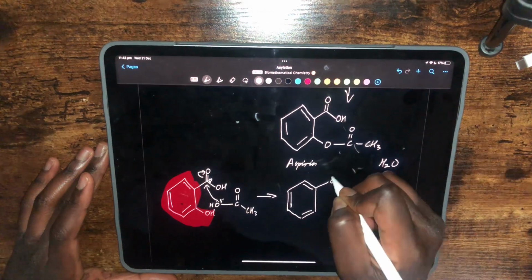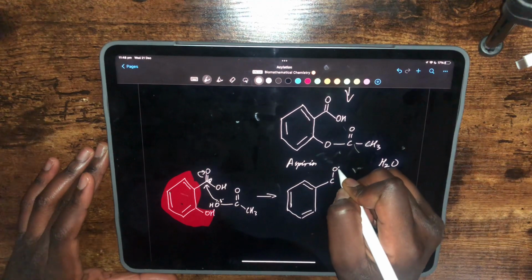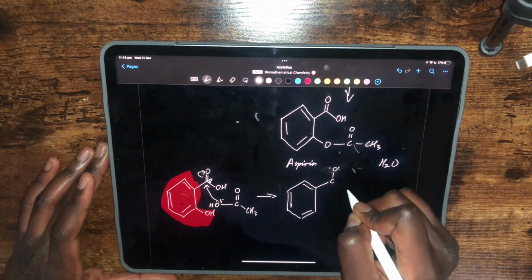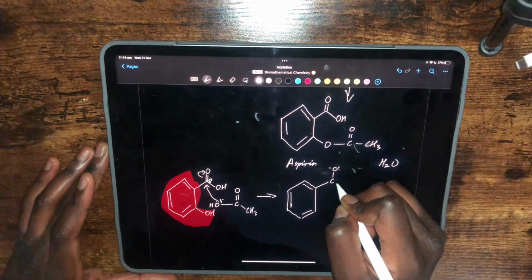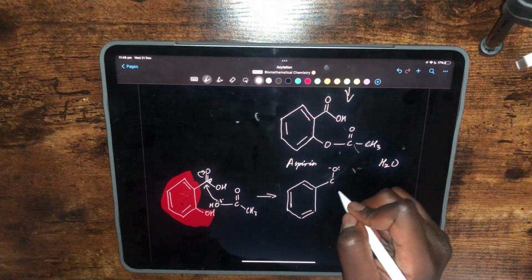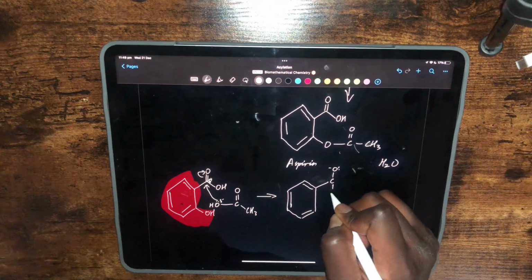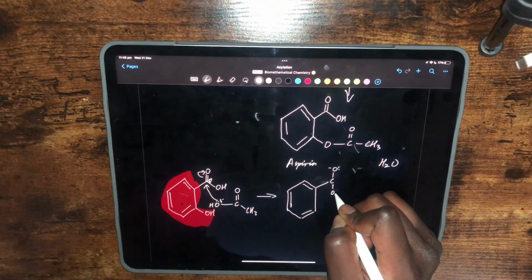All right, so O, they're negatively charged. This is technically just an OH.